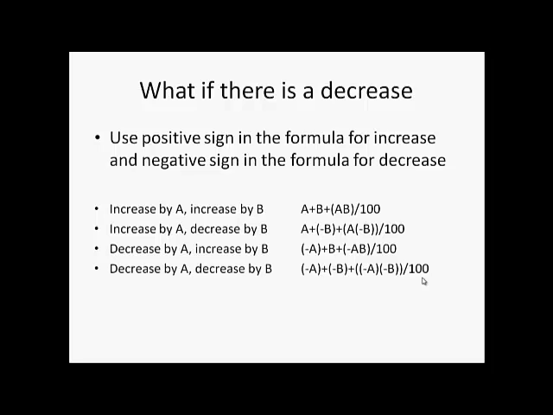If both A and B are decreasing percentages, then we use both A and B in the form of their negative values. This exact same formula will work for any combination of increase and decrease. All you have to keep in mind is that an increase is a positive value, a decrease is a negative value.